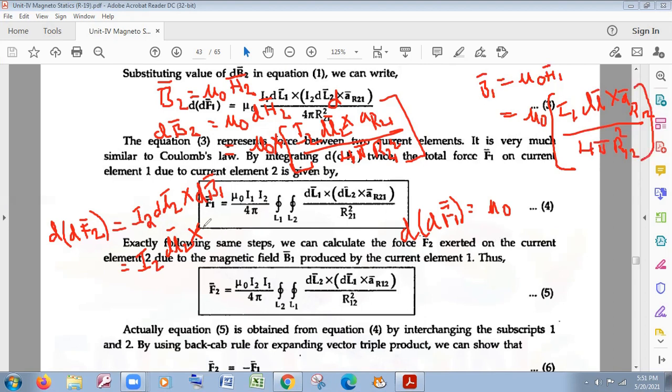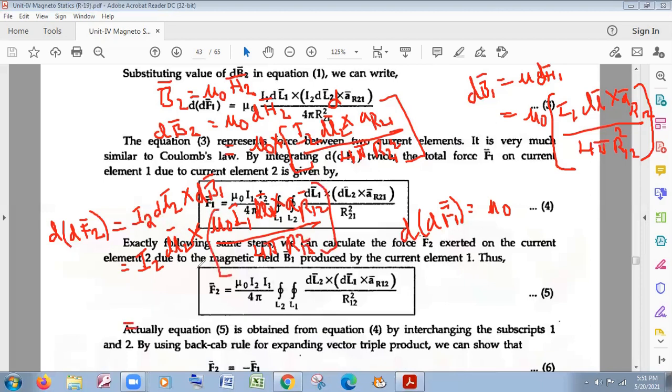Now you can substitute these in the differential element of dB bar. dB bar is equal to dH bar. What is that value? I dL2 bar cross mu naught into I1 dL1 bar cross aR12 bar, whole divided by 4 pi R12 square.